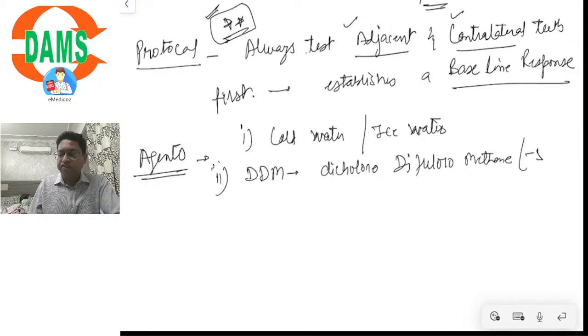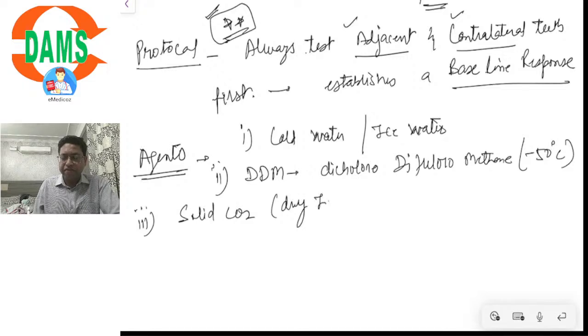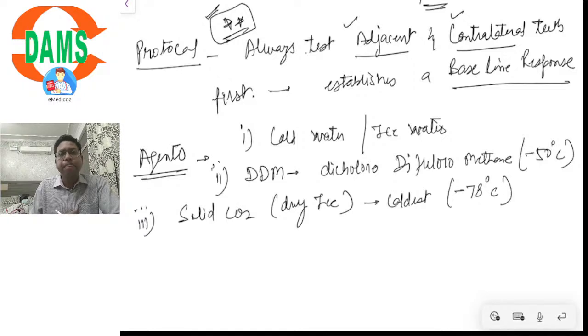It is a cold agent with a temperature of negative 50 degrees Celsius. Another cold testing agent we can use is solid carbon dioxide, which is also called dry ice. This is the coldest testing agent available, with an average temperature of negative 78 degrees Celsius.